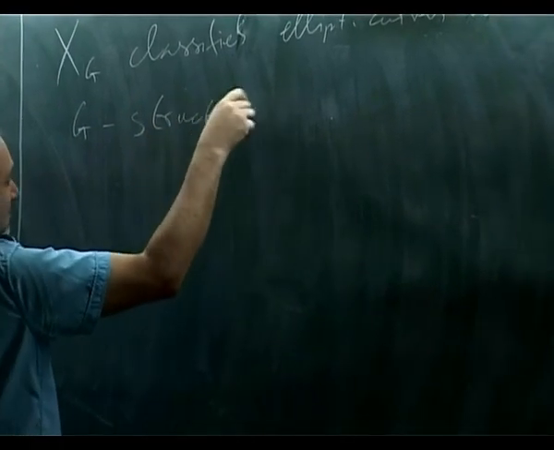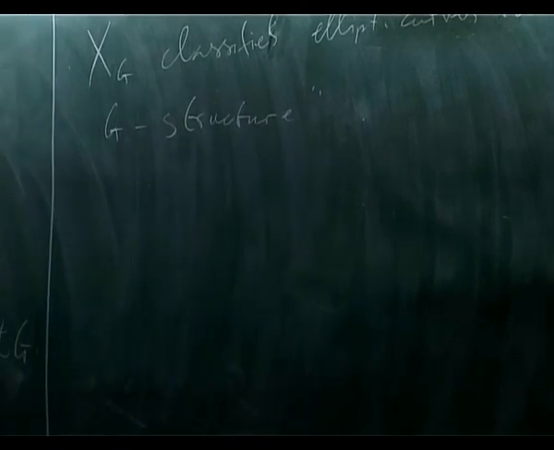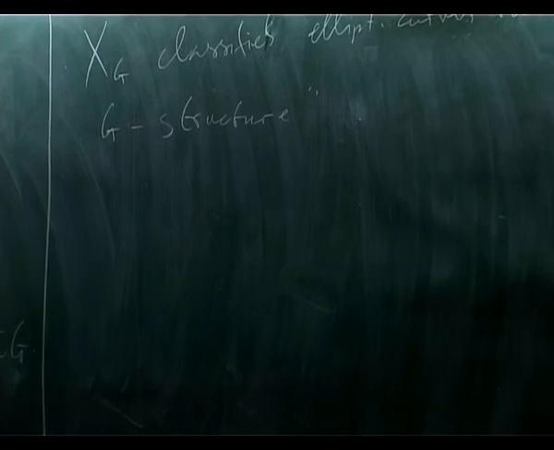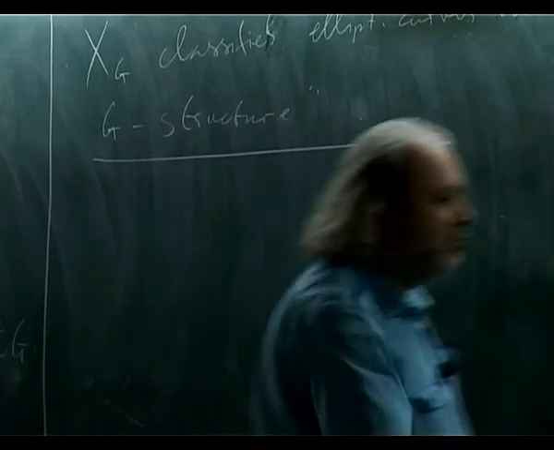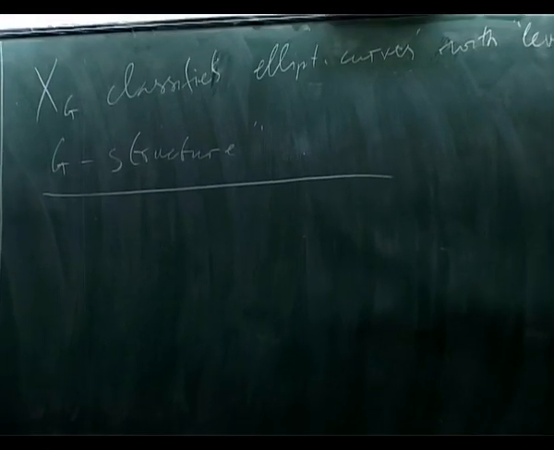So it is just words. It doesn't mean anything, just words. But in some special cases of G, it is clear what this G structure means. And so let me consider some examples.